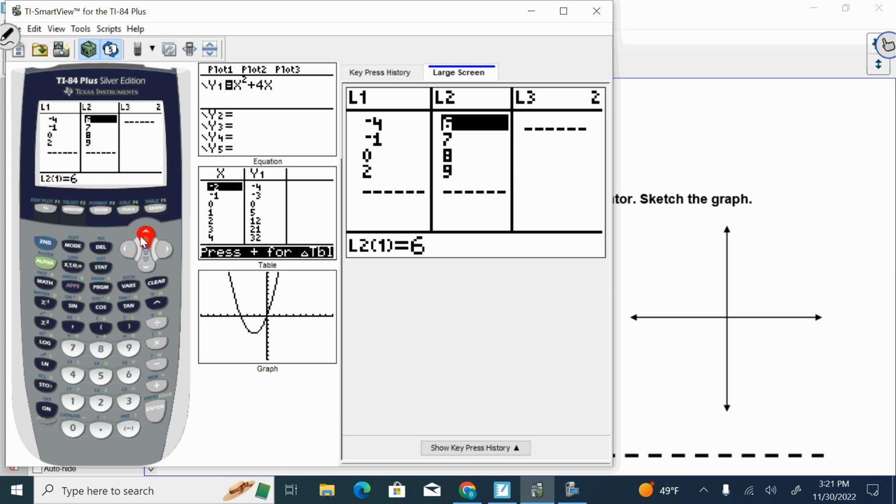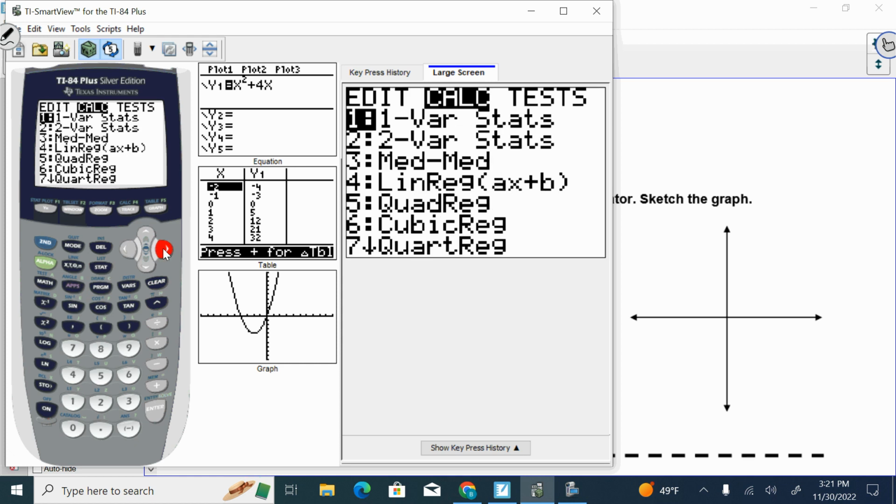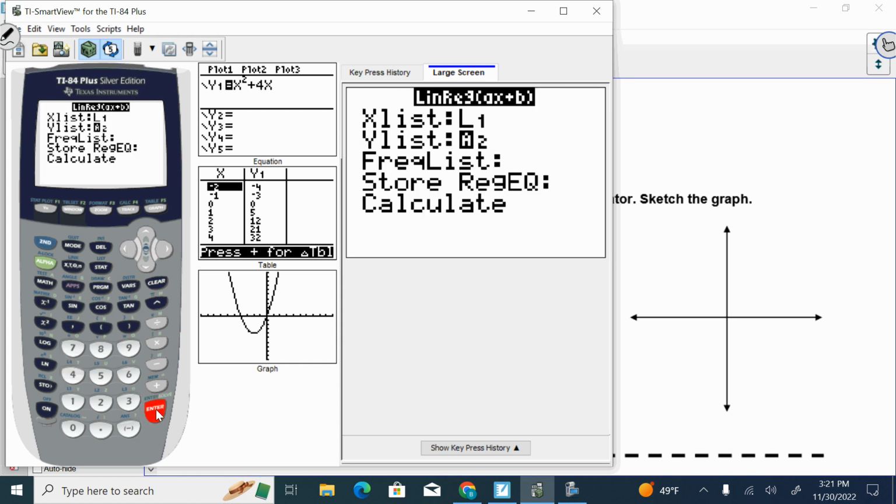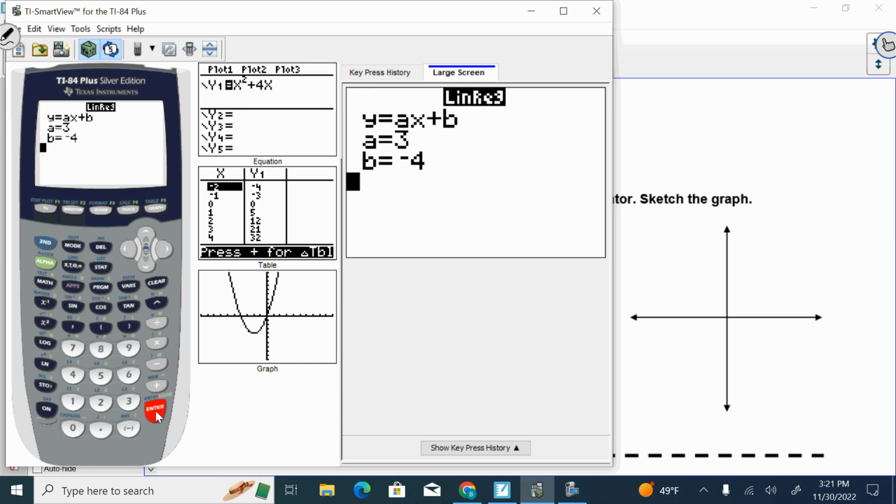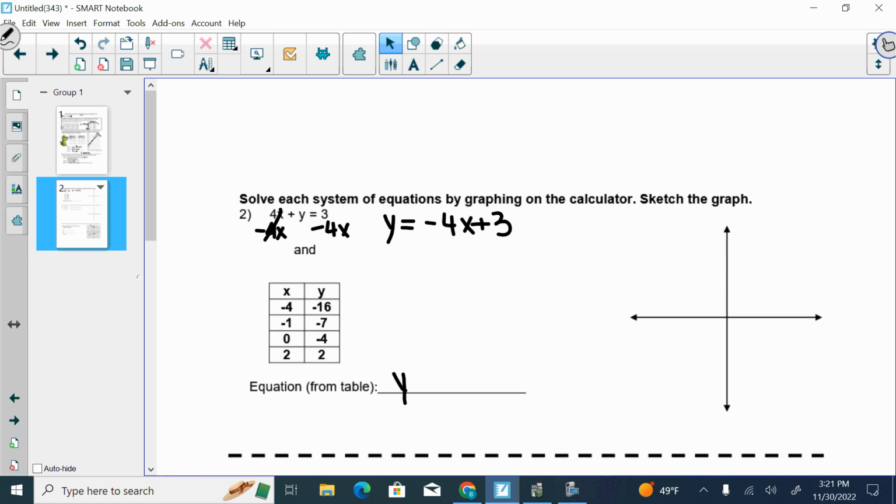And in list 2, we've got -16, -7, -4, and 2. All right, so what did our equation for that one end up being? Y equals 3x minus 4. Nice. Okay, so we have y equals 3x minus 4.